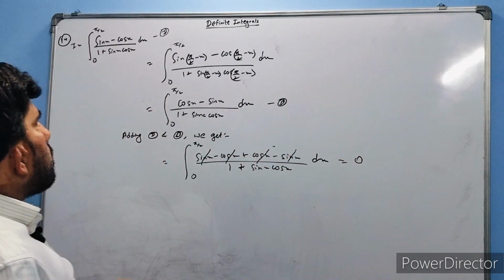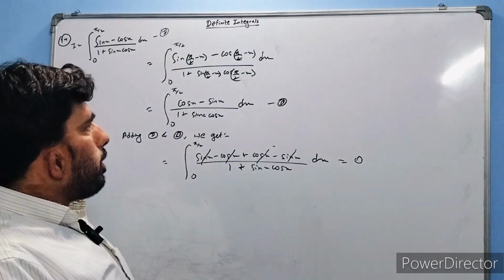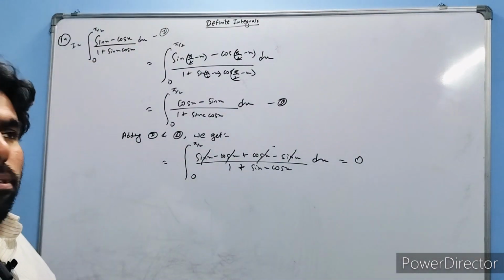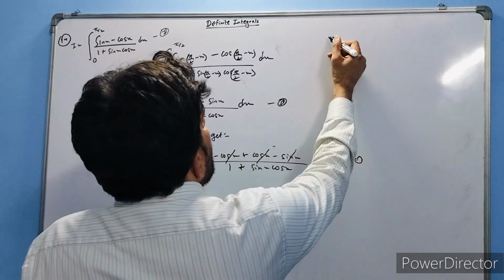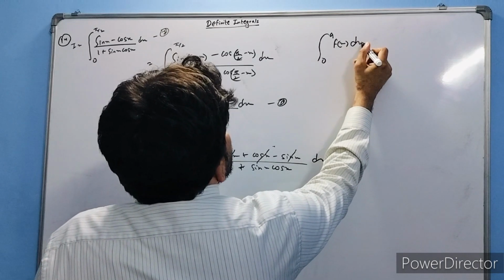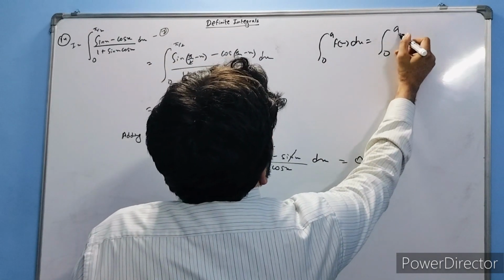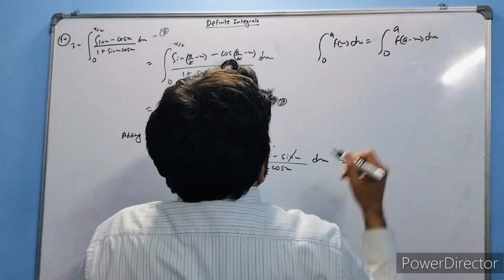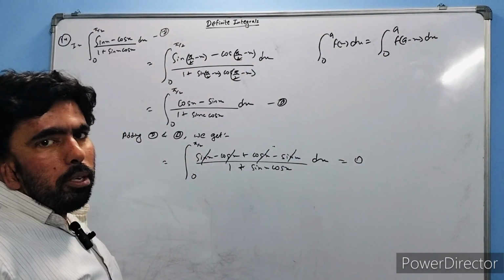That is how we evaluate different integrals using the following property. Here I have used the property that the integral from 0 to a of f(x) dx is equal to the integral from 0 to a of f(a minus x) dx.